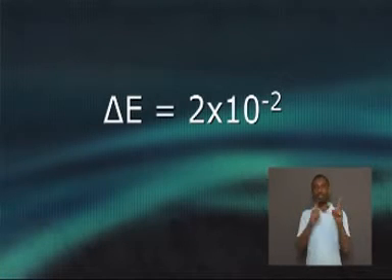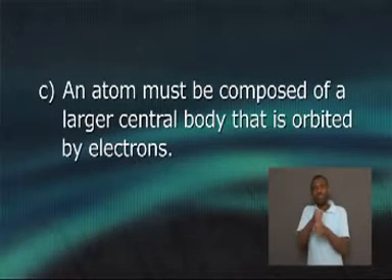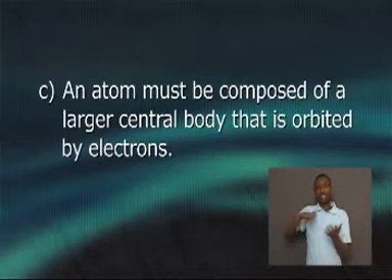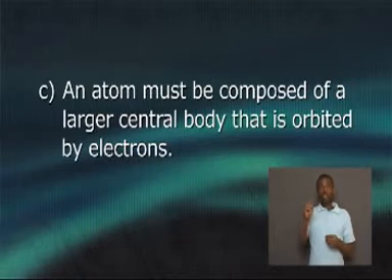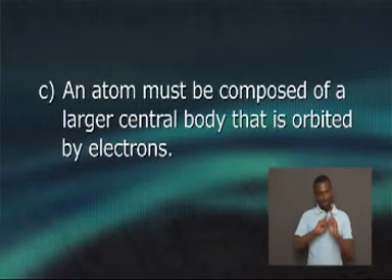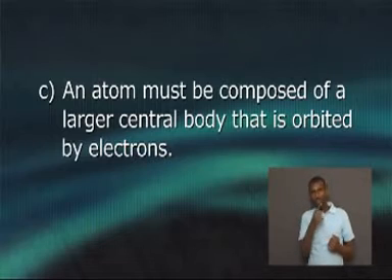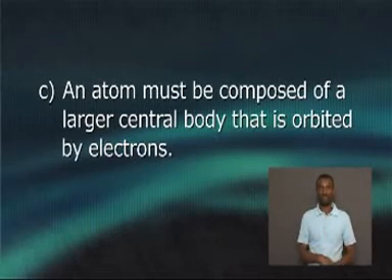The Rutherford experiment concluded that an atom must be composed of a larger central body that is orbited by electrons. If your answers match the ones shown here, great work.